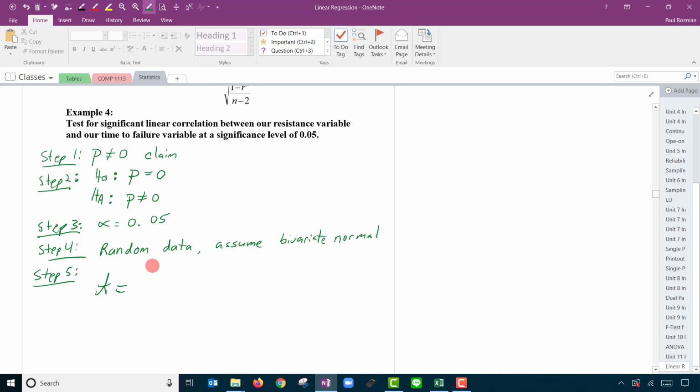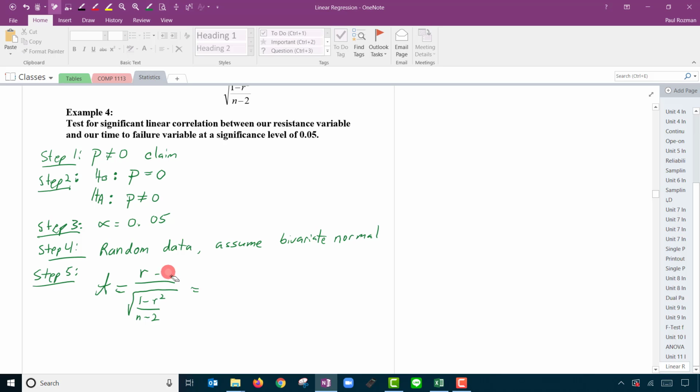Step 5 is to calculate the test statistic. The test statistic was r minus rho over the square root of 1 minus r squared over n minus 2, and that's a t distribution.